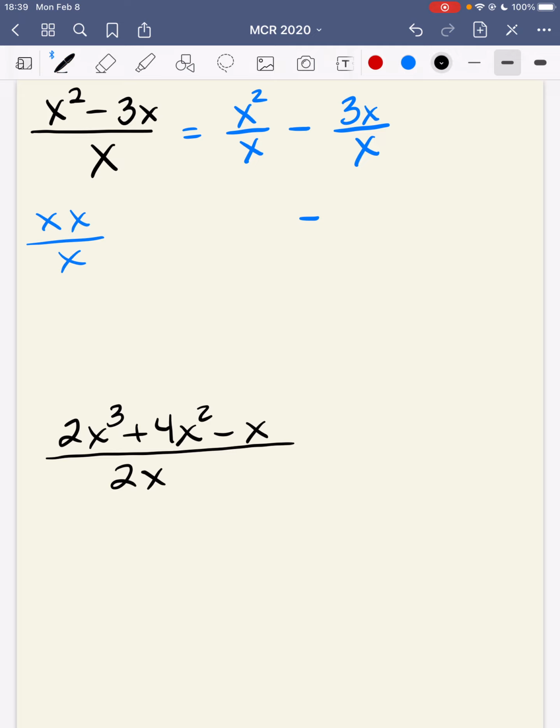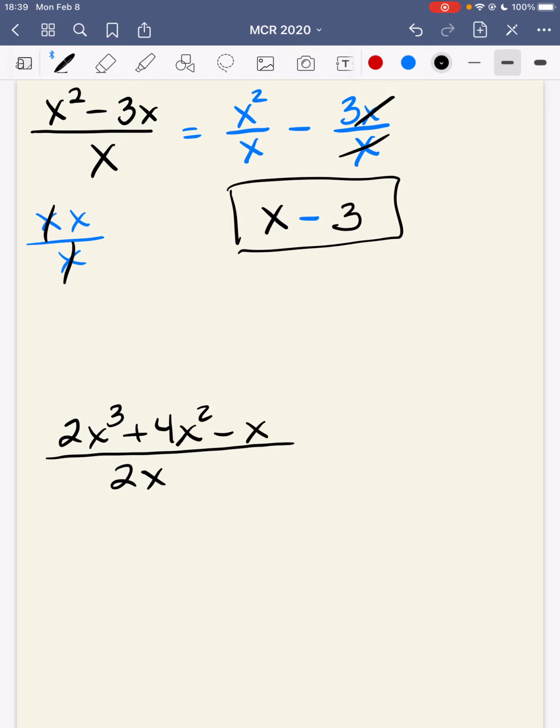So if I cancel 1 for 1 or use my quotient rule, I'm left with just an x in the numerator. You can write it over 1 if you want. That's totally okay. And then I have 3x over x. This is already written out so I can see that my x's cancel out, leaving me with just a 3 in the numerator. And here is the result of my division.